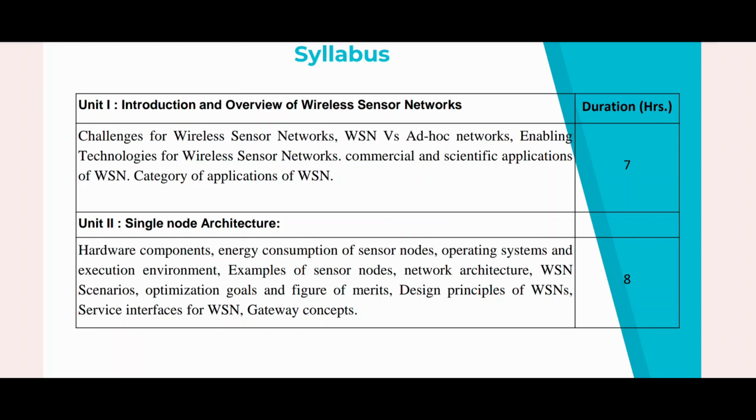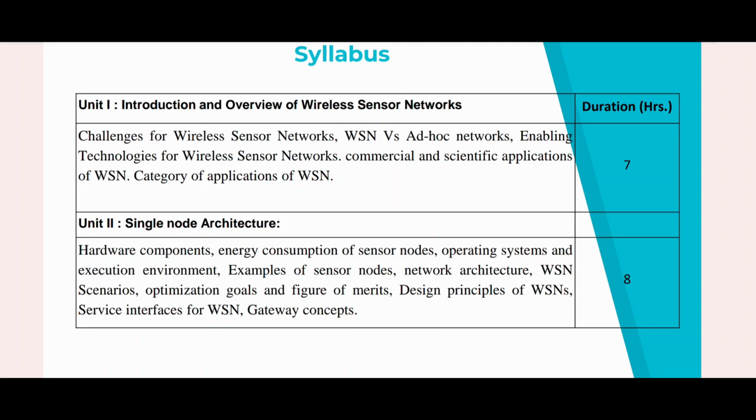So under unit number 2, we'll be able to study what the components of a WSN node can be. I'm dealing with the hardware components, and how the energy is consumed by each and every sensor node based on the applications.